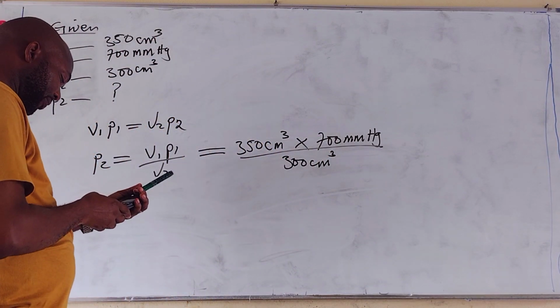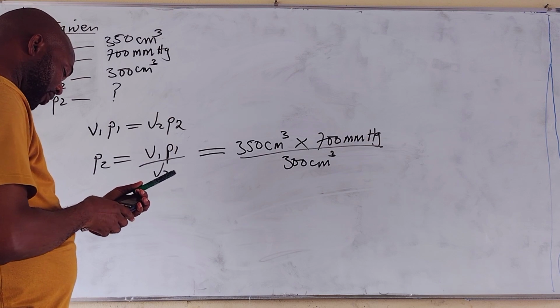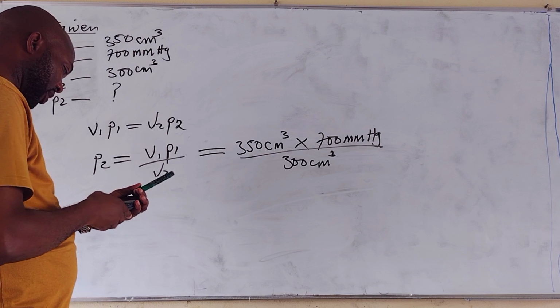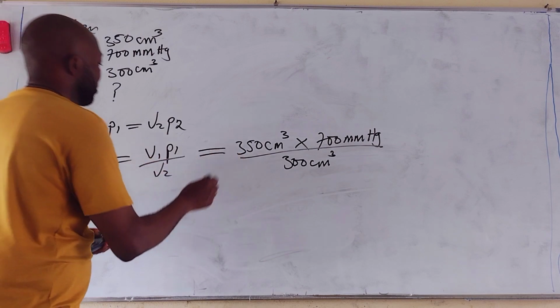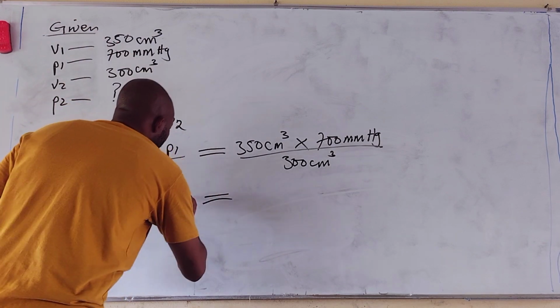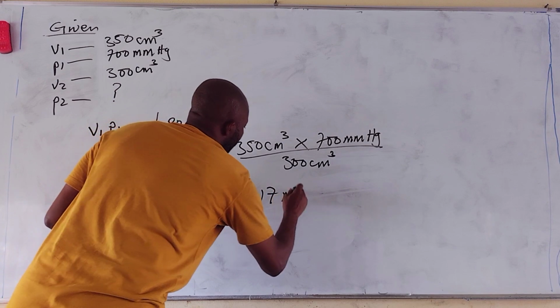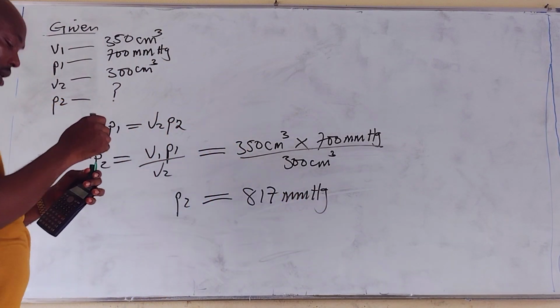So I have 350 times 700 divided by 300, which is 817. P2 equals 817 millimeter of mercury.